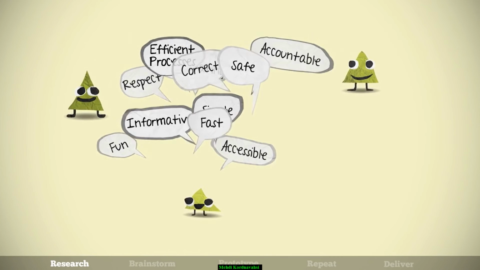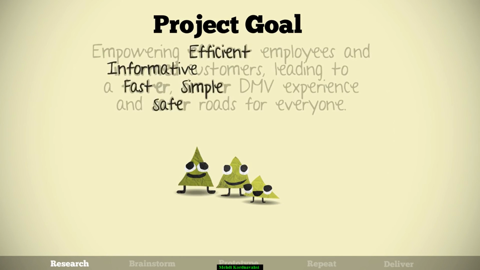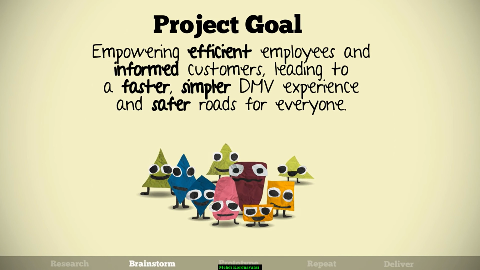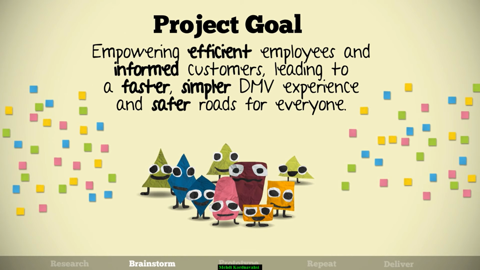Compiling this research gives us a complete, bird's-eye view of the current service and what's required to satisfy the needs and motivations of each group. Based on these findings, we then work with the stakeholders to create a variety of ideas that we believe will improve the service. Next, we test our most appealing ideas with real people using service prototypes, which are mock-ups of an idea that allow someone to experience how it feels to interact directly with new aspects of a service.